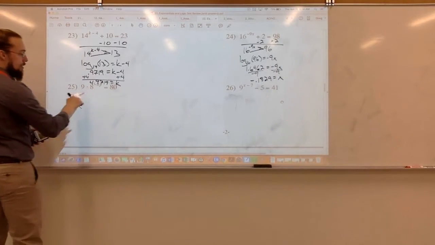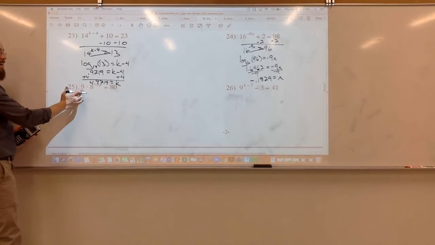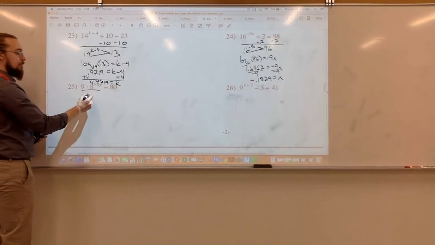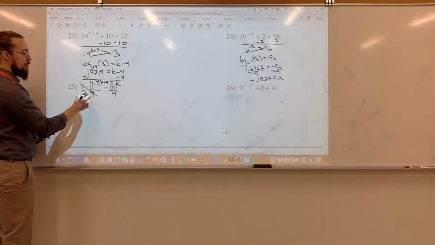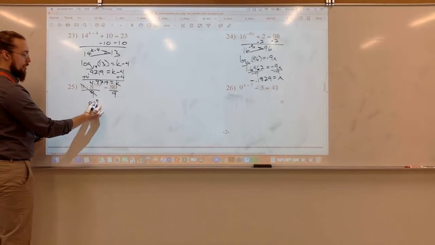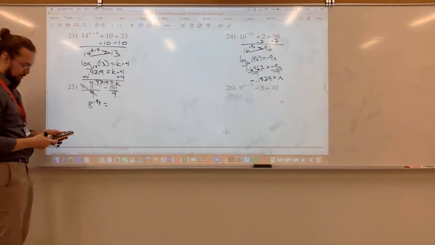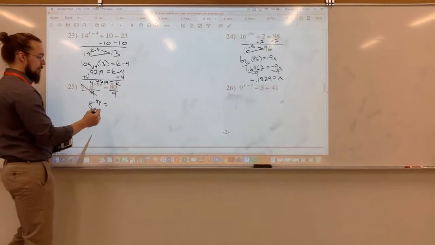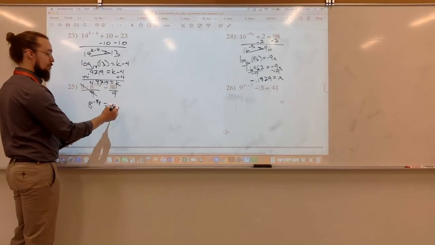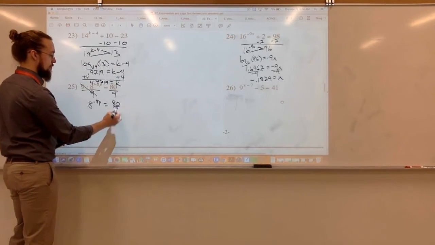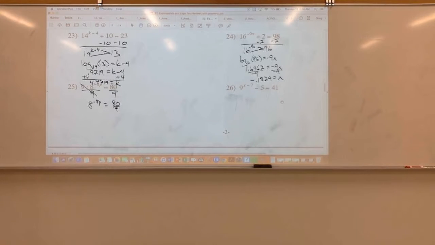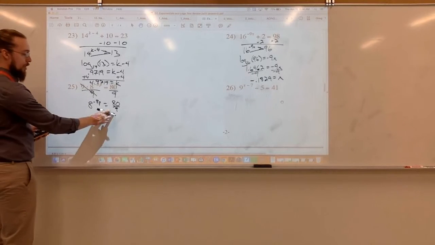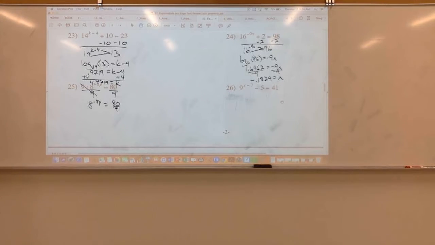So on 25 then, I need to get rid of this 9. It's being multiplied, so in this case, I would need to divide that 9 over. So we get 8 to the negative 8p equals 80 divided by 9, 8.88 repeating. Once we have the exponential isolated, rewrite it as a log.